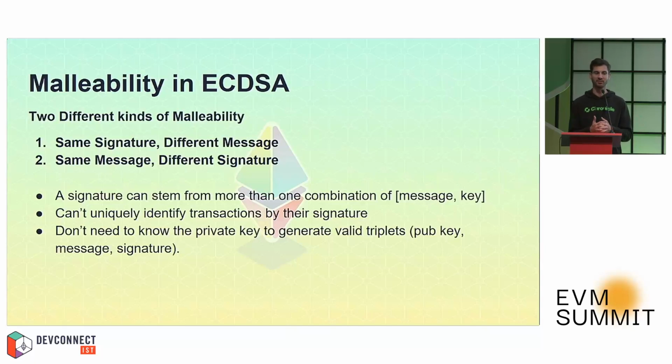Now, some of these, especially the second one, are more of a theoretical concern than a practical concern. What the second form of malleability is really talking about is that you can generate a triplet, that is a key, a message, and a valid signature, without knowing the private key. So as long as you have one valid triplet, you can derive other valid triplets from it.